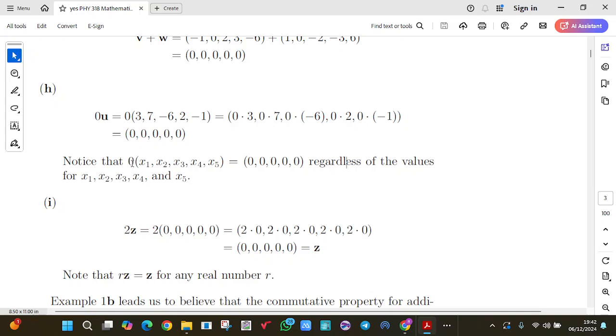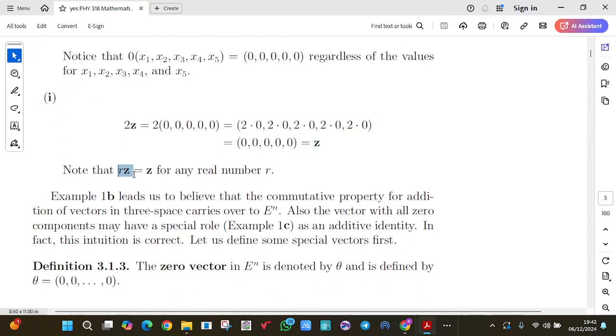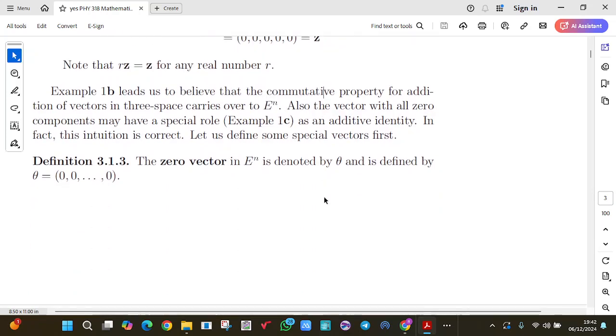So whenever you multiply by 0, this is not even called 0, this is called a null identity. With a given element, you get a null matrix, or you get a null element. Now look at this one. What is Z? Z is 0, 0, 0, 0. 2 times Z. So you see that when you multiply 2 times the null, you're going to get the null. So this is a law. Is that clear?